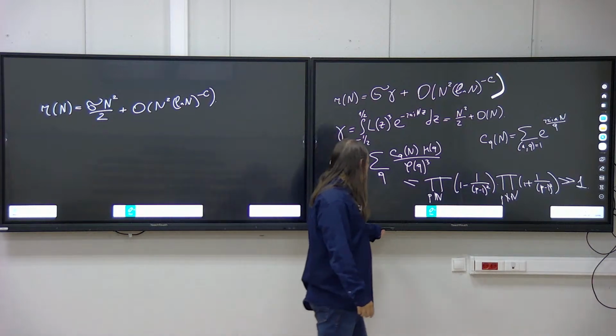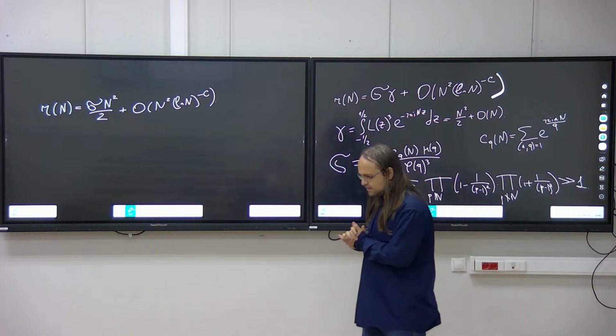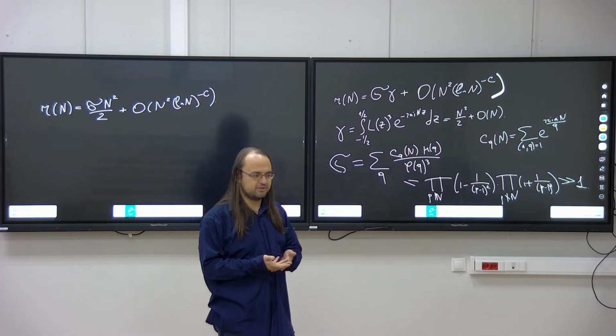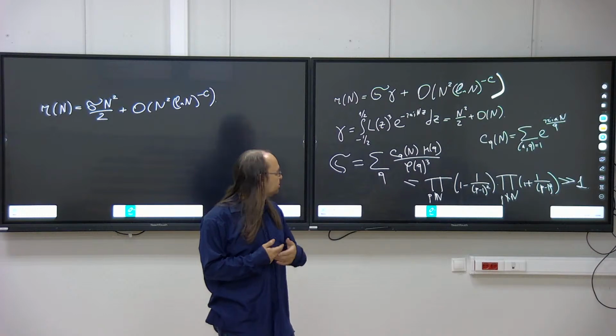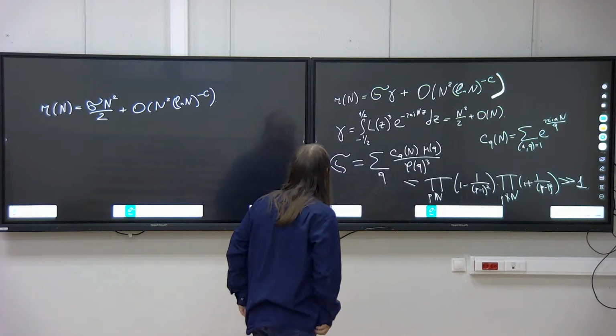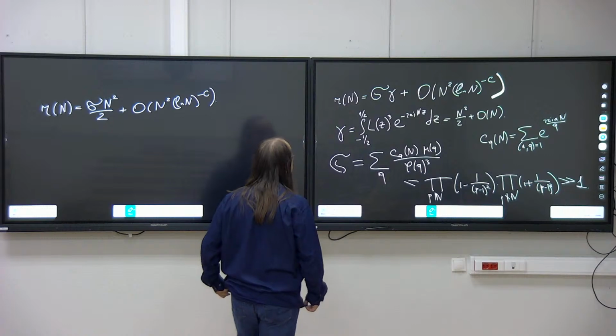Okay, so this approach not only detects the sums of 3 primes. Not only does it prove that every large enough odd number is a sum of 3 primes, it also shows the following.